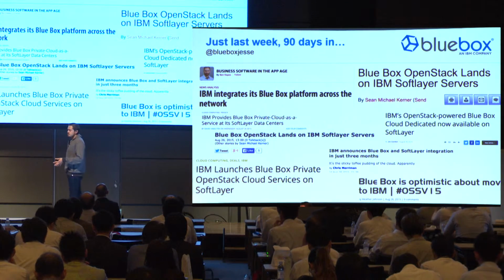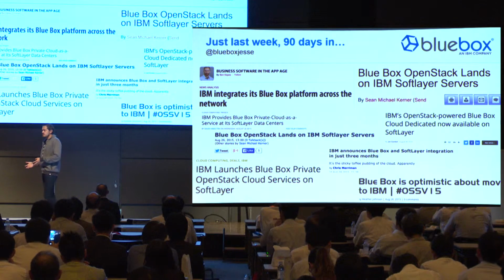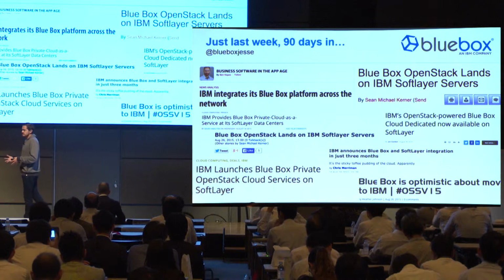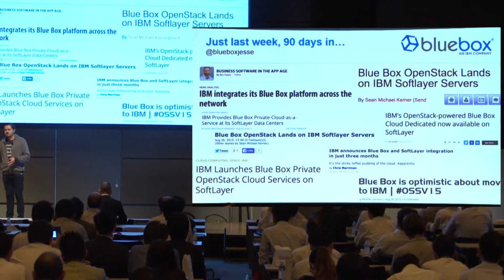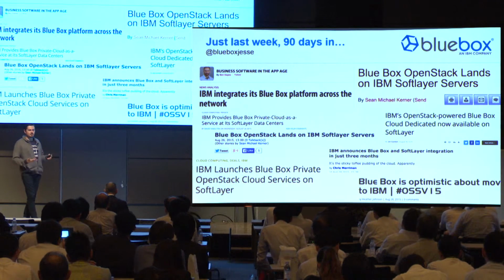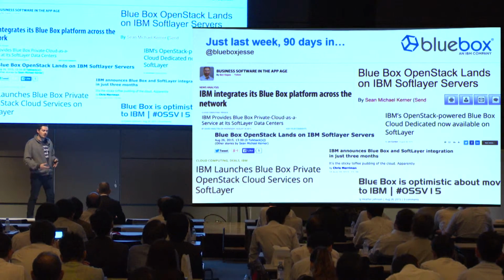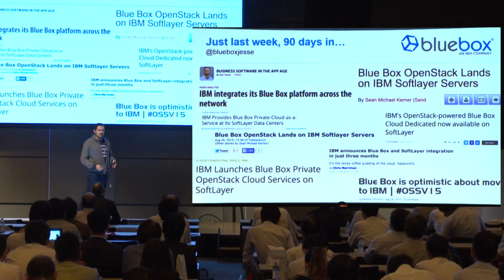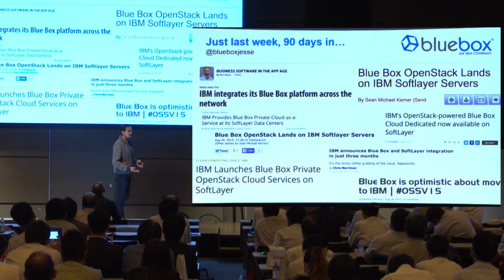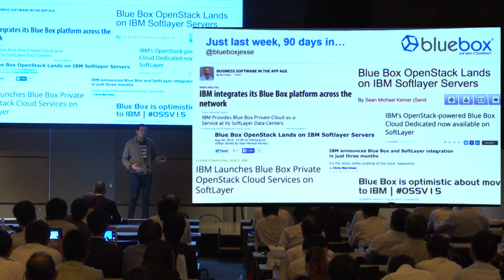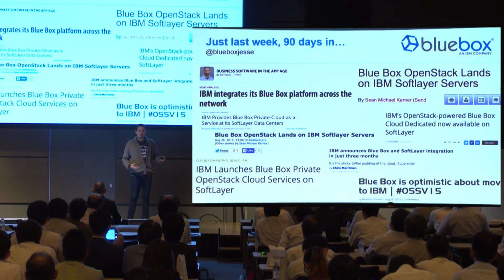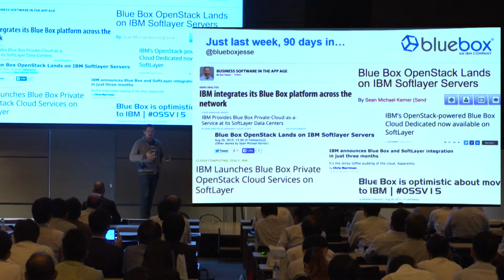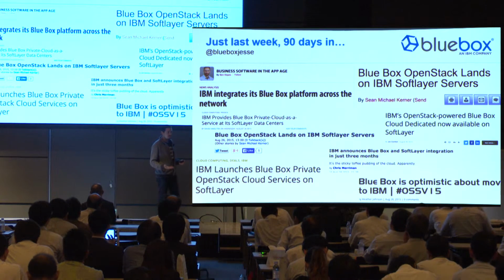As I mentioned, Blue Box was acquired by IBM on June 2nd, so we are almost 90 days in, a little under. And last week, we announced the availability of Blue Box Cloud on the worldwide SoftLayer footprint. It was great recognition by the press. We were excited with the reaction, both in that it was a way to demonstrate the capabilities of Blue Box and the speed at which we're able to integrate with IBM.